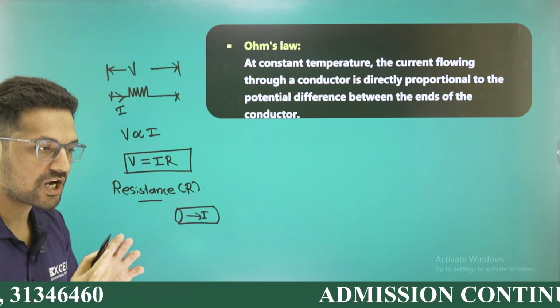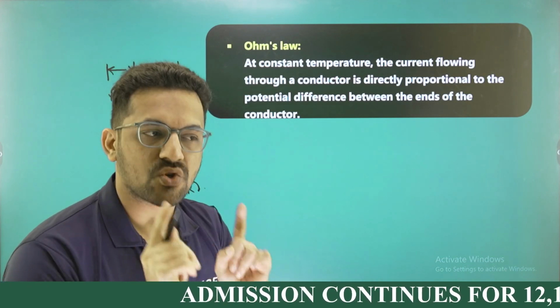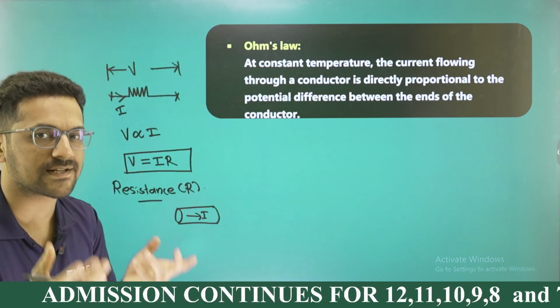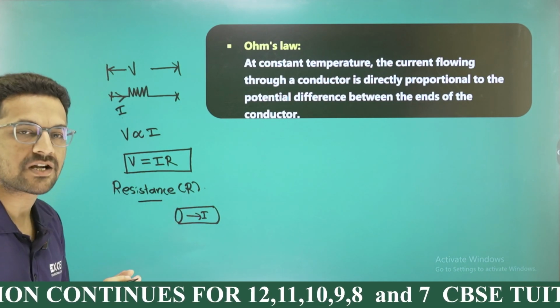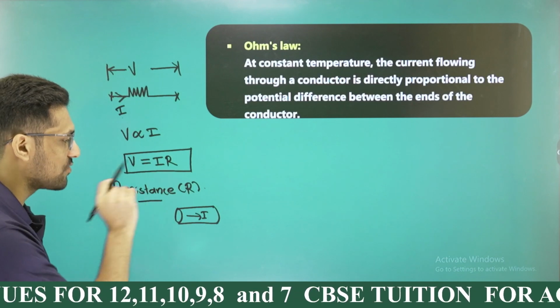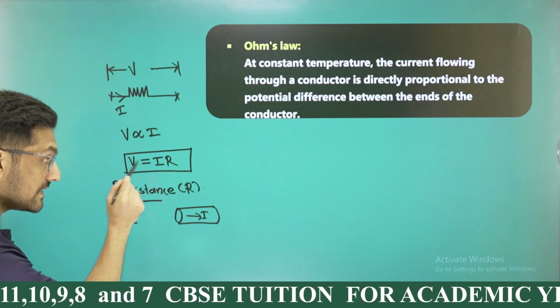Current flow will always be opposed by the conductor. So that opposition is termed as resistance. Resistance is the opposition offered by the conductor to the flow of current. What is the equation for resistance? You can have the equation for resistance from this equation.